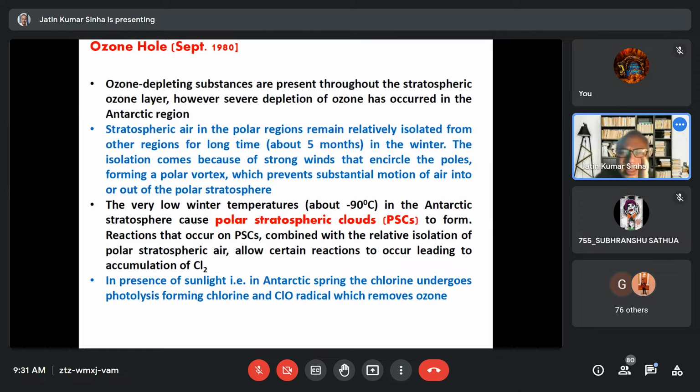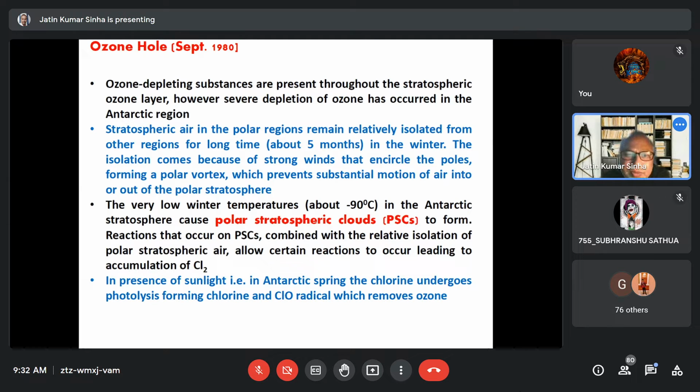We know that in other parts of Earth, air circulation is happening. But what happens in the Antarctic region? The air circulation creates a vortex.